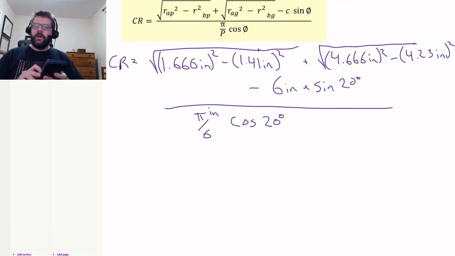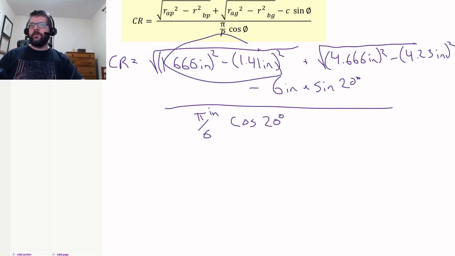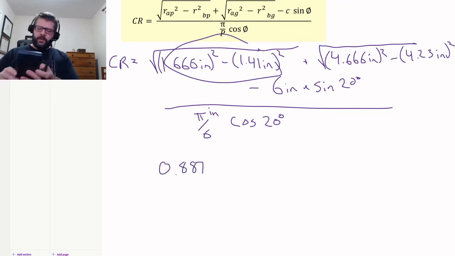So let's see here. 1.666 squared minus 1.41 squared, and then take the square root of that. So this term here is 0.887. 4.666 squared minus 4.23 squared, and then take the square root of that, and that gives us 1.969.